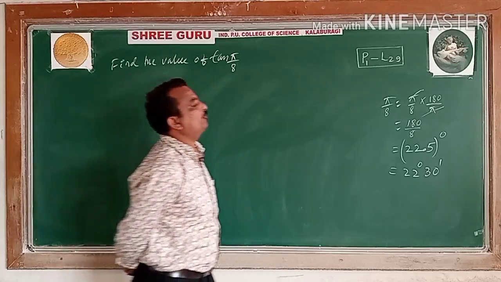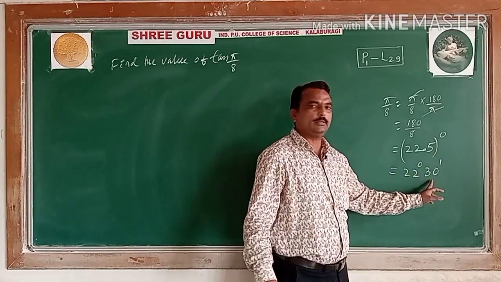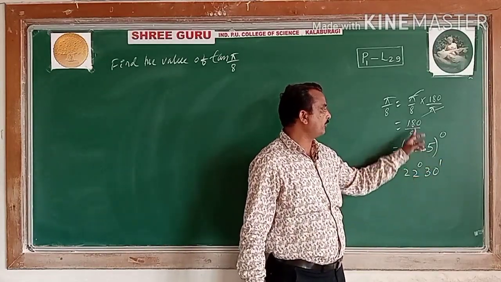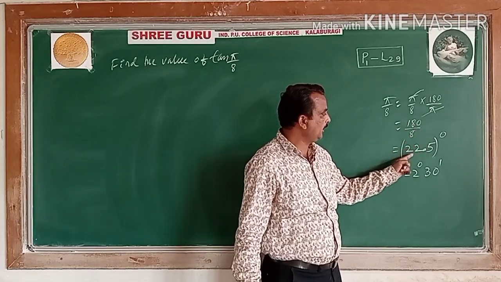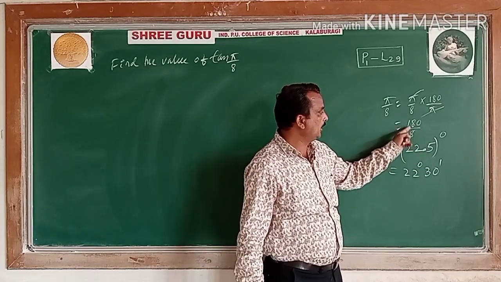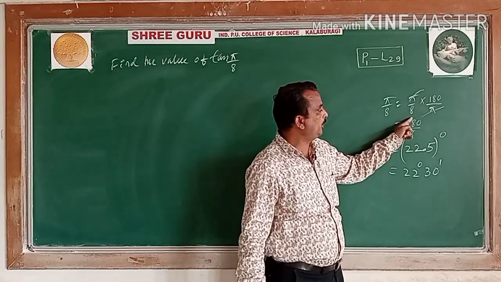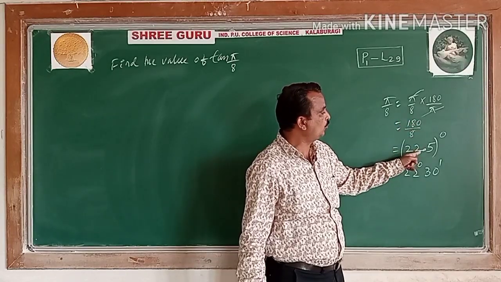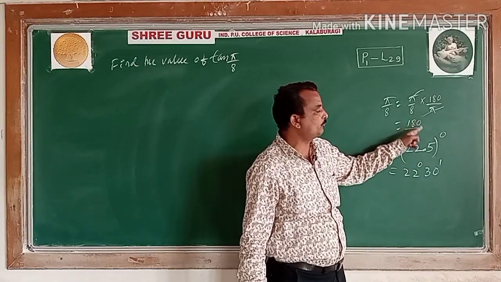Directly here I am writing 0.5 degree as 30 minutes.